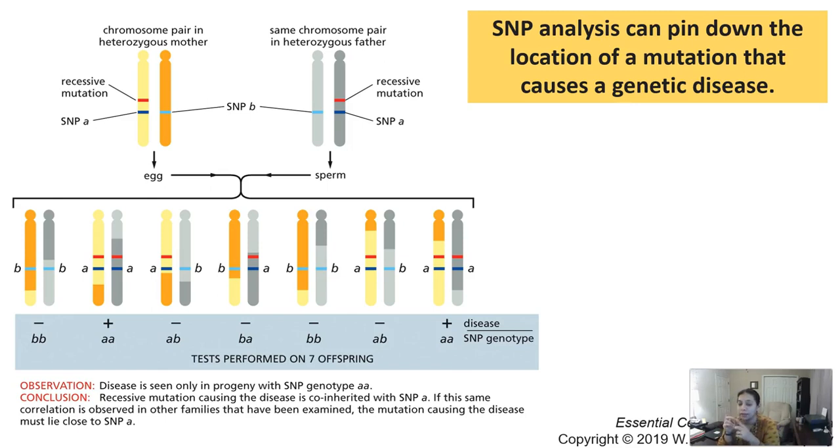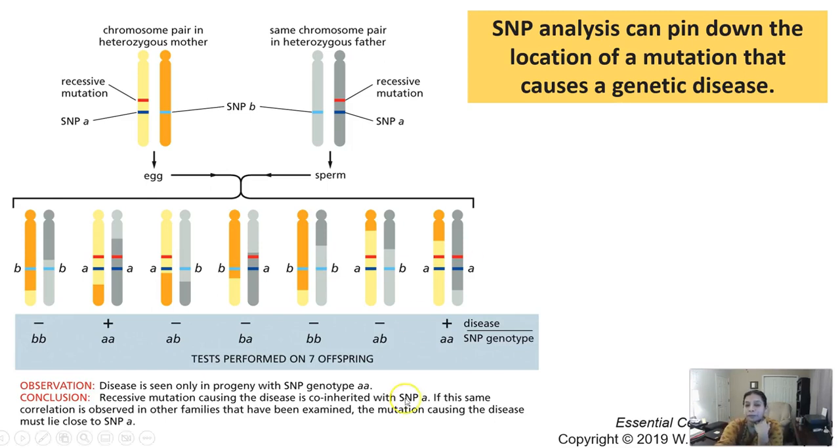Once you identify that single nucleotide polymorphism, we would know where it is. And if we know that a particular type of polymorphism is more likely to be inherited along with the disease, it's not because of the actual polymorphism that the disease is happening, but it's likely that it was present close to a gene that is causing the disease.